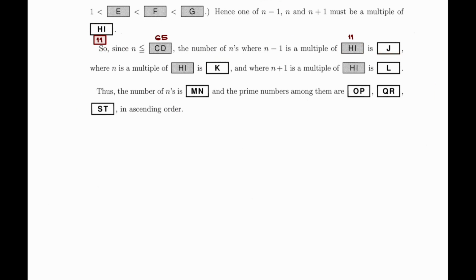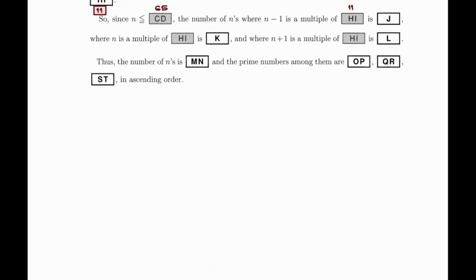They want us to find how many numbers of n where n minus 1 is a multiple of 11, but it has to be less than 65. I repeat it once again. They want us to find how many numbers of n where n minus 1 is a multiple of 11, which is less than 65.